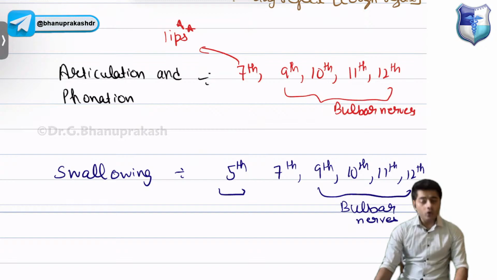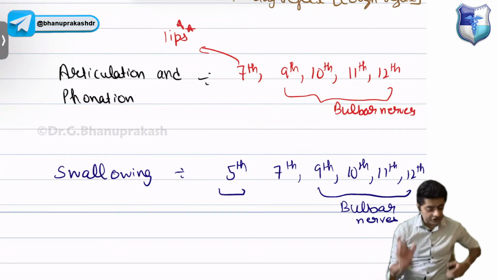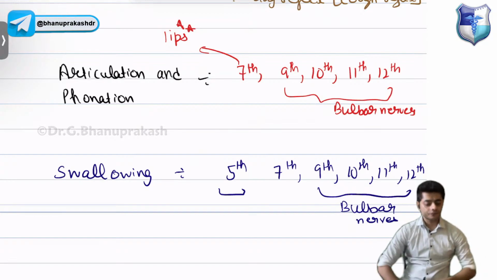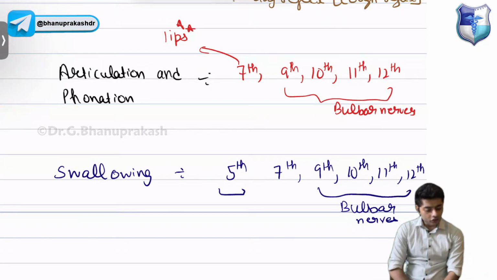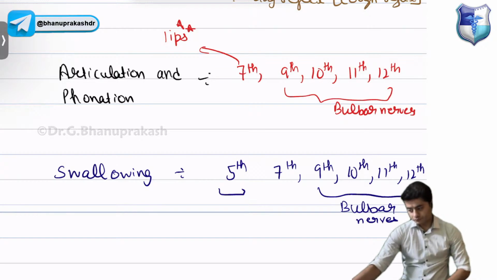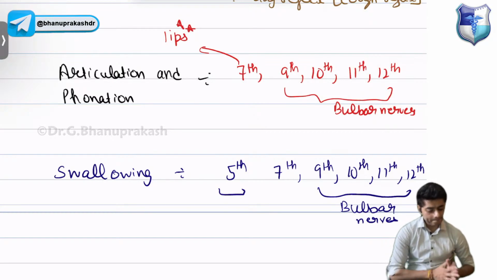Okay, everyone? Everyone okay till now? Just give me a thumbs up if you understood till this now, articulation, phonation part, swallowing part. Anyone having any difficulty till now? Just tell me in comment section. Arun, Pal, Shiri, Sherni, anyone? Anyone having any problem till now? Shall we move forward?